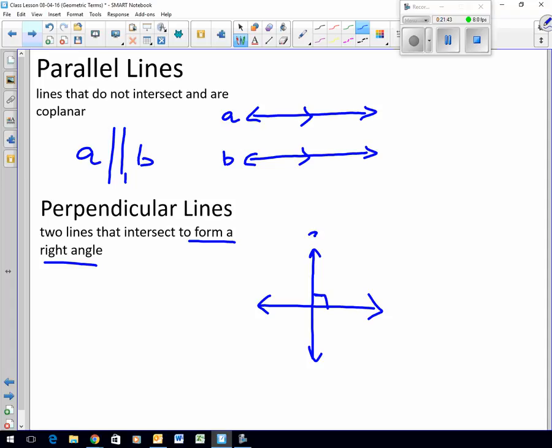If this was line A and this was line B, I could write, in our math writing here, line A, check it out, upside down T, is perpendicular to line B. Sometimes we'll have to look for boxes and simple stuff. Line A is perpendicular to line B. Any questions on that? Okay. Well, I've got good news.